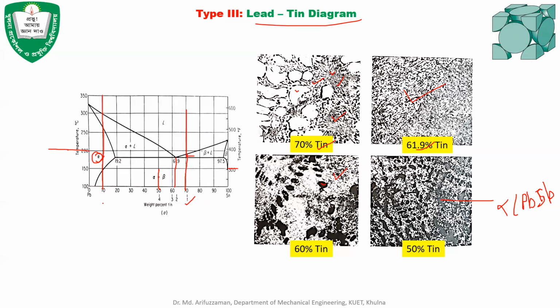But if you cool it slowly, then you will not have 100% alpha, because once the solvus line is crossed, beta will be present and come out. So the mechanical property will be different. That's why we need the phase diagram, to understand how many different properties we can obtain from a single alloy.